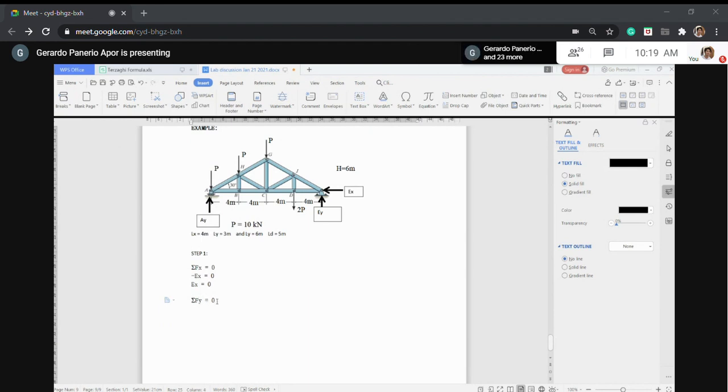So, you have to include also the external forces. There are two upward forces, AY plus EY.